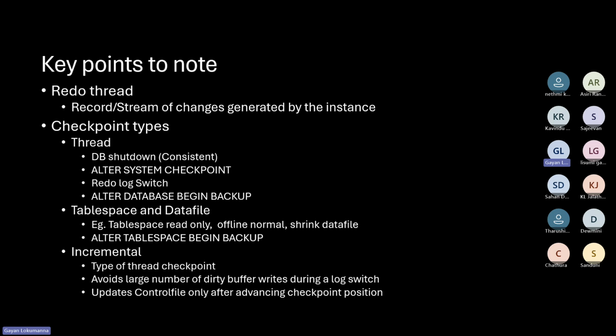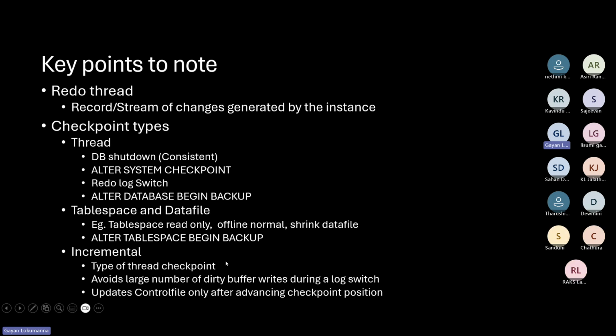So in order to tolerate that, and to have a minimum impact, whenever Oracle feels it is the right time, it will flush dirty buffers from the memory to the data files.